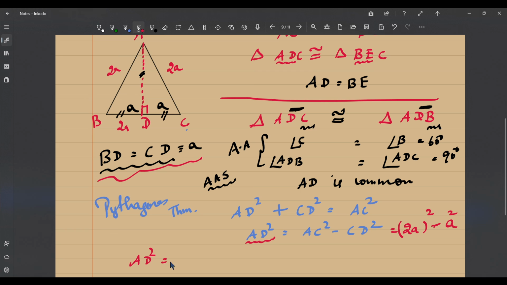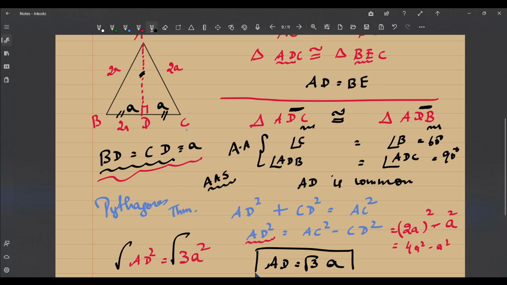AD squared is equal to 4a squared minus a squared, or 3a squared, but we do not require the square, we need the root of AD squared, that is, the length of AD. So what is the length of AD? Just take square roots on both sides. The length of AD would be equal to root 3 a, right? So we have ultimately found the altitude of an equilateral triangle.